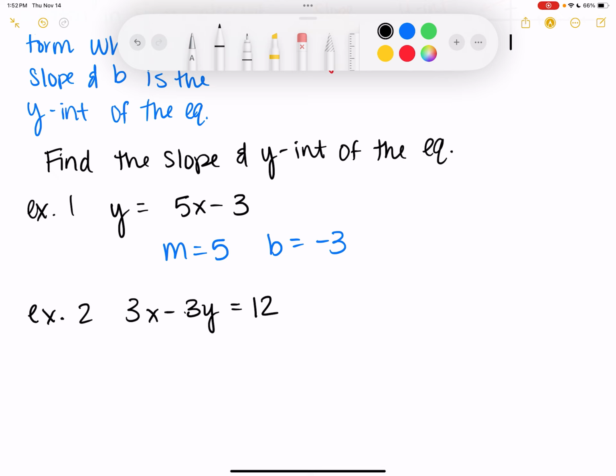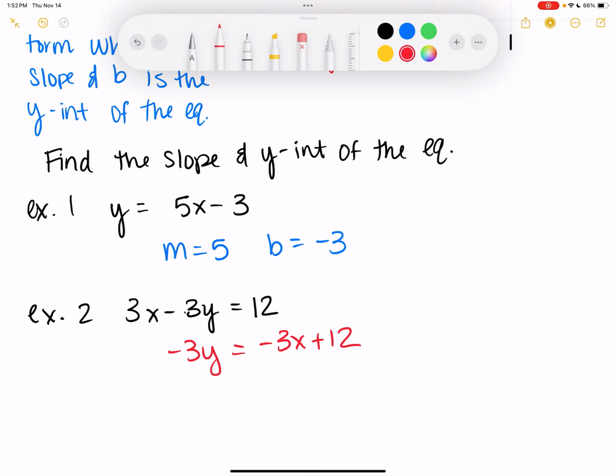What is the first thing that I need to do here? I want to get y by itself. Minus 3x. So I'm going to have negative 3y equals negative 3x plus 12. So remember, I'm allowing you to skip that step of showing that you're subtracting 3x from both sides now. Okay? So I've done that.